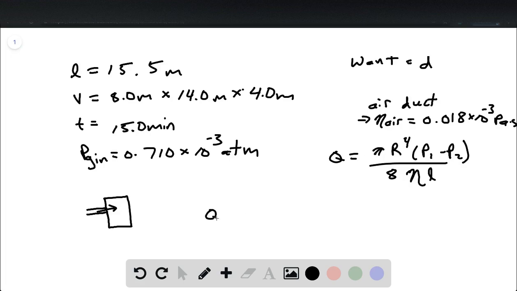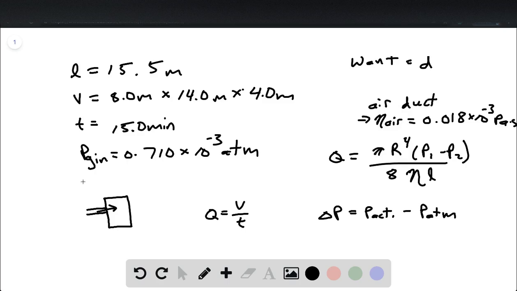And we know that Q is really this volume flow rate. So that's the volume of the room over the time it takes for that room to get replenished with air. And it seems like we don't have information about the pressure difference, P1 minus P2, but we know that the change in pressure will be the actual pressure in the air duct minus, on the other side, atmospheric pressure.